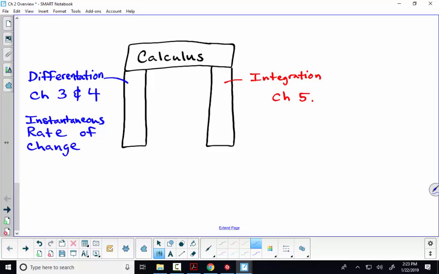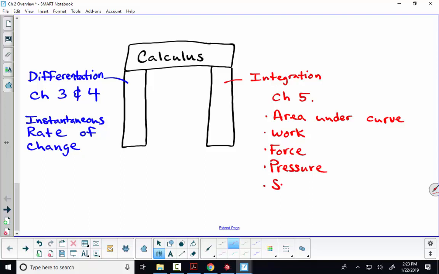And integration is, I guess, a little bit more versatile in the sense that it applies to a lot of things. We'll just list a few: area under a curve, work, force, pressure, surface area, volume, and so on and so on.